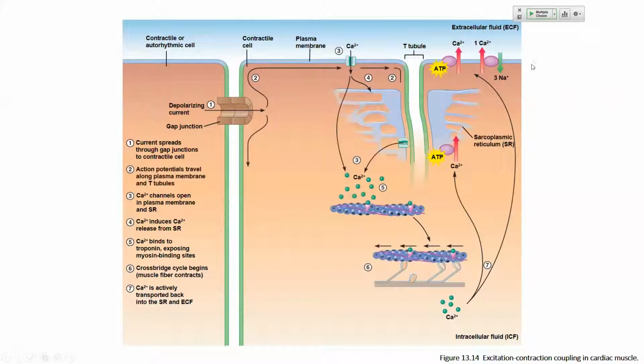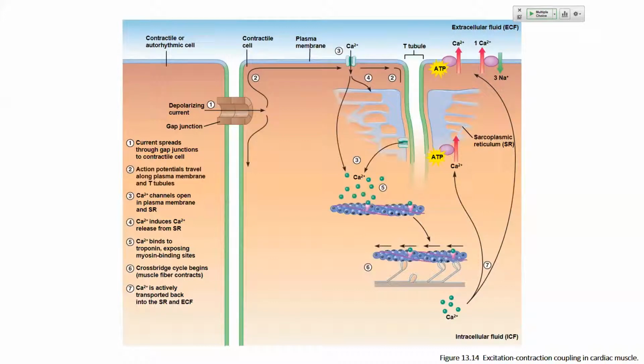It can be exchanged at the surface for sodium. So we can use the sodium-calcium exchanger to bring 3 sodium in, right? Sodium is going to be moving along its gradient, and use that energy to carry calcium against its gradient. We should know that method of transport by now, right?